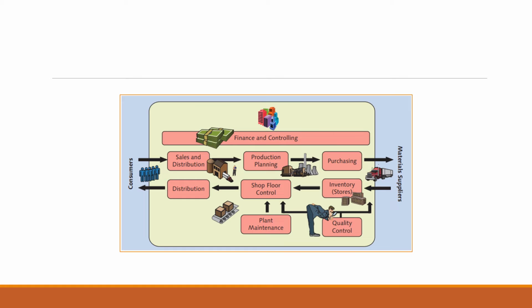So I would just give a small example of how data flows between different departments. For example, let's say the sales and distribution department goes out, talks to the customers, and gets the customer orders. They would say, okay, in a couple of years, these customers might buy this much amount of finished goods.